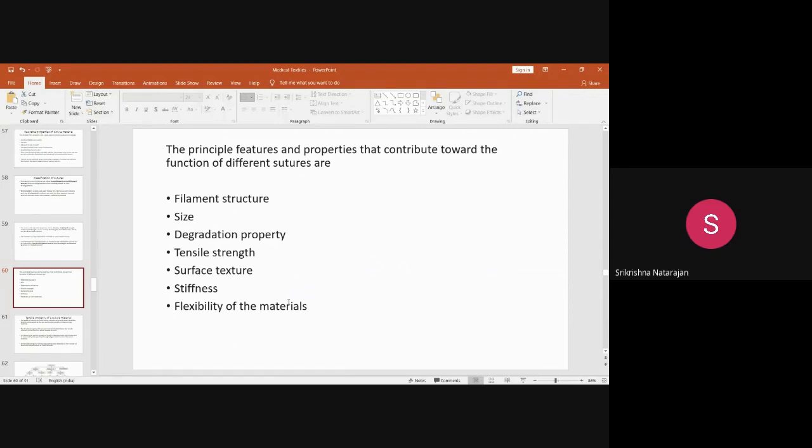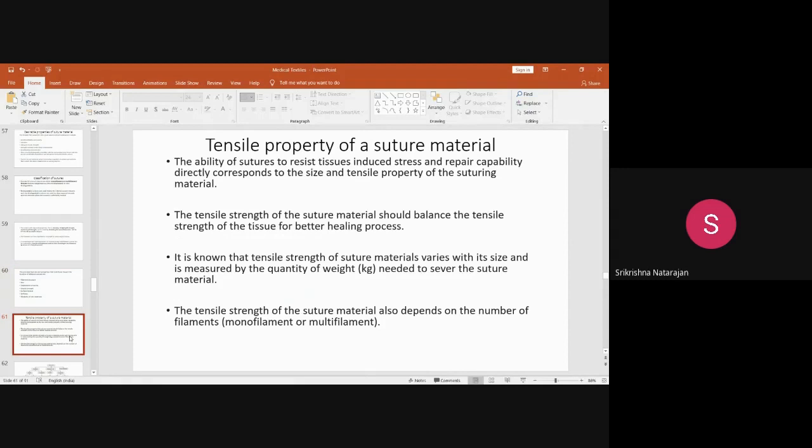Next is the stiffness, and whether it is a flexible type of material or not. These properties are also important in the suture so that it will provide good function. The most important property among all these is the tensile strength. What is the requirement of tensile strength in the suture material?